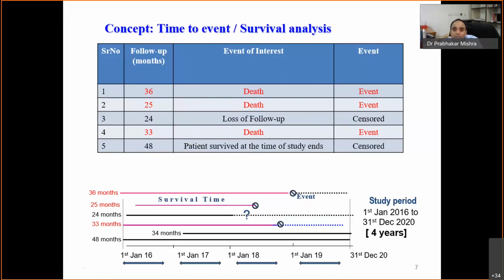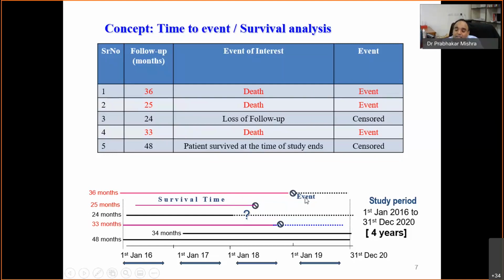So there are two outcomes, either event or censored. Here death is our event, so other than the event is called censored. So a patient either achieves the event, or if not achieving the event, will be considered censored.